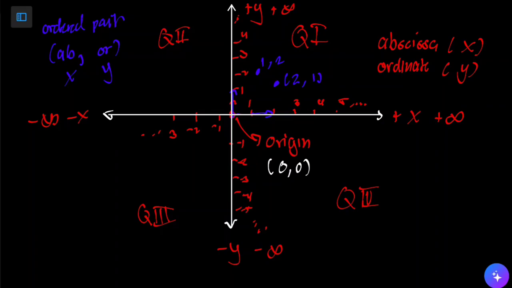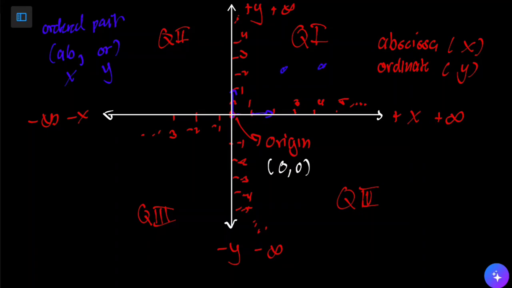And with that, we can determine really easily the signs of your ordered pair based on its quadrant. I will erase this first.